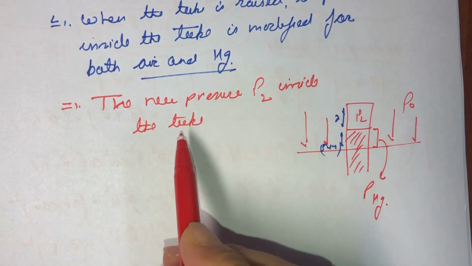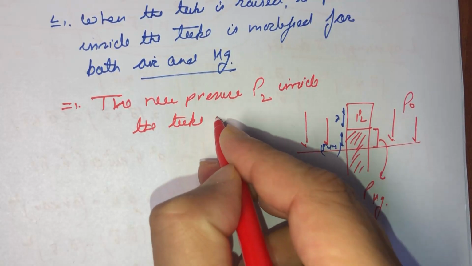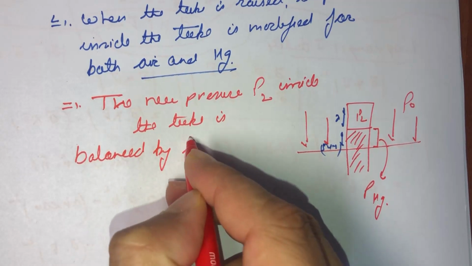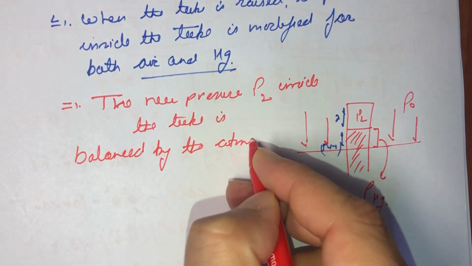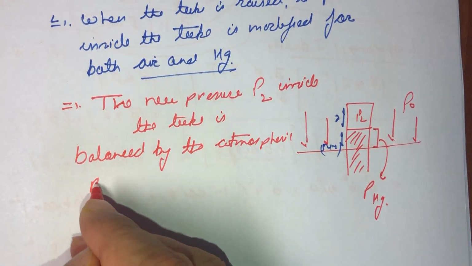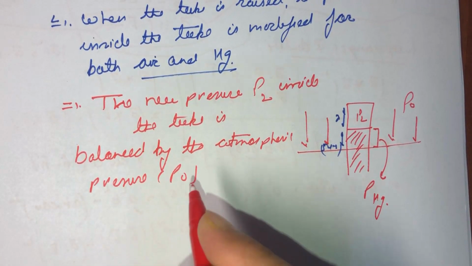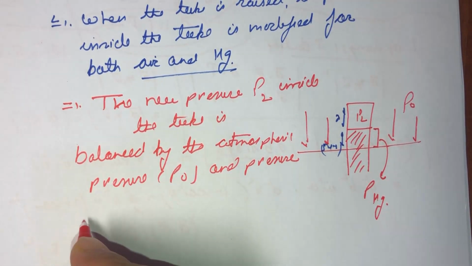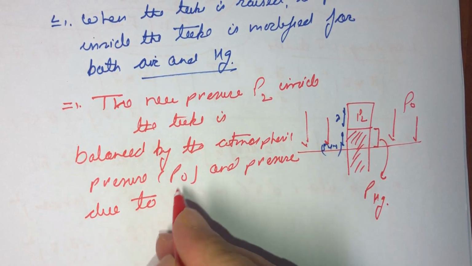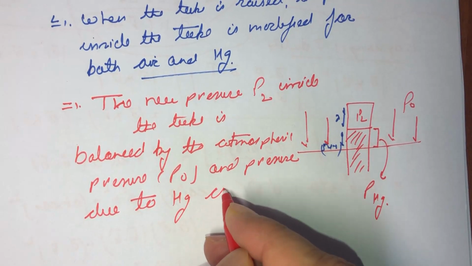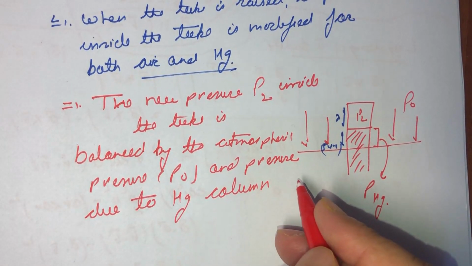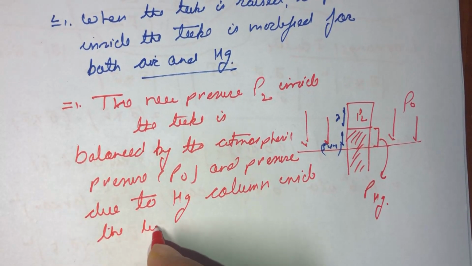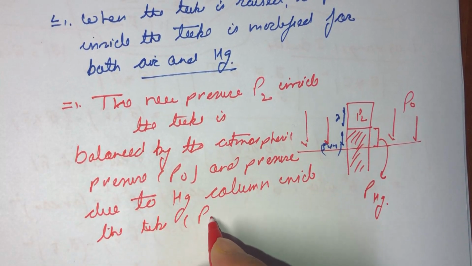So new pressure P2 inside the tube is balanced by the atmospheric pressure, which is given as P0, and pressure due to the mercury column inside the tube, which we said will be given as PHG.